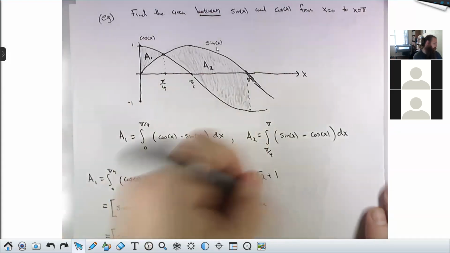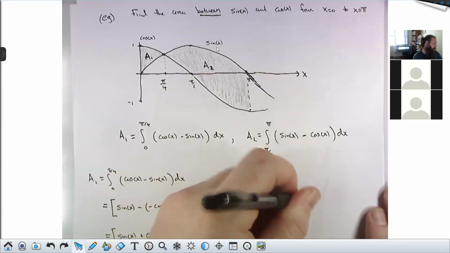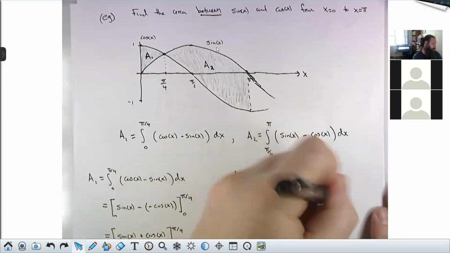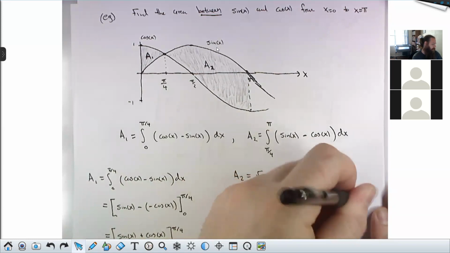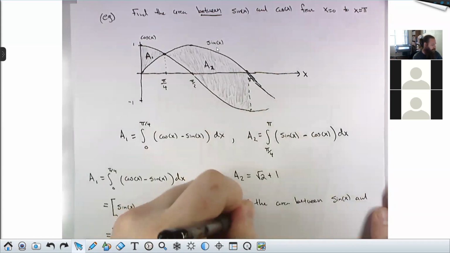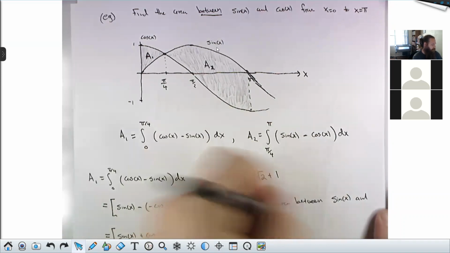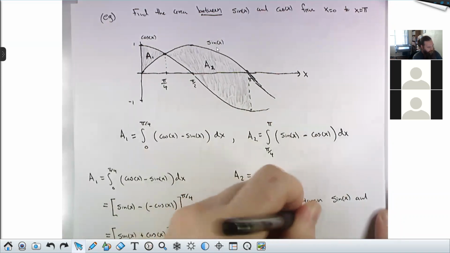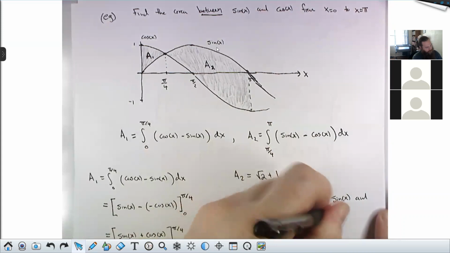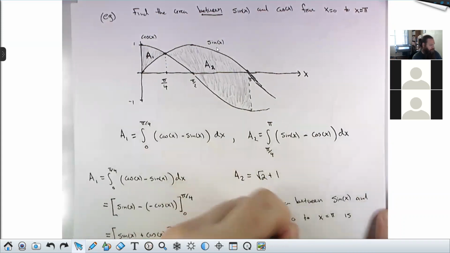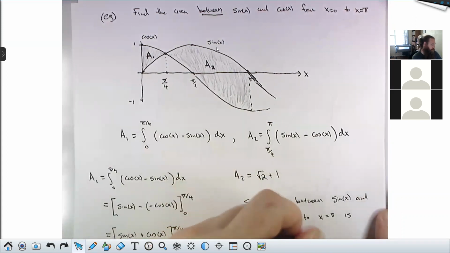So the area between sine x and cos x, x equals 0 to x equals pi is A1 plus A2.